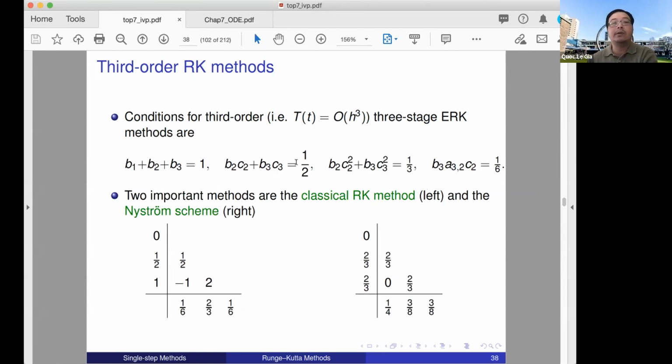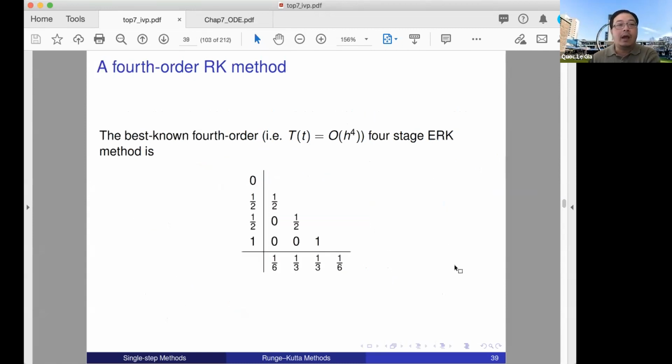So 9 unknowns. So you have more freedom, more than one solution. And now this is a 4th order Runge-Kutta method.